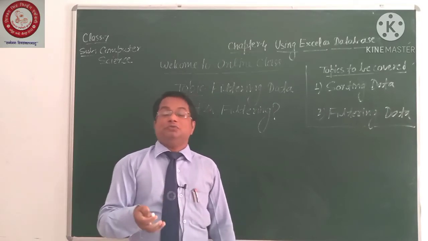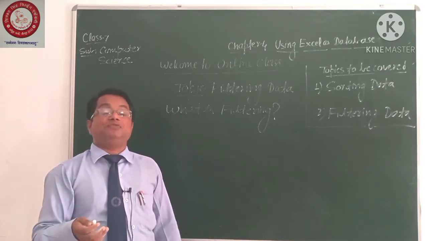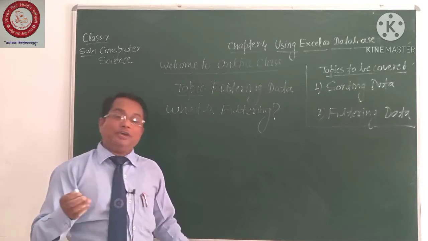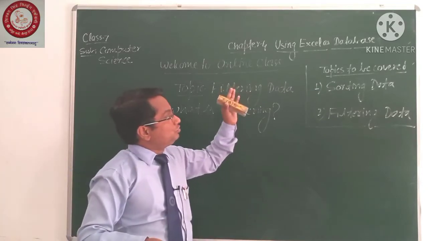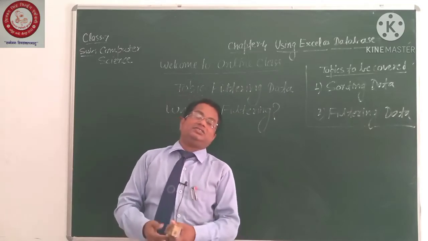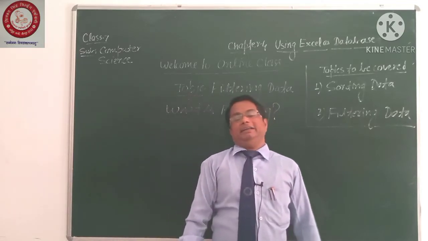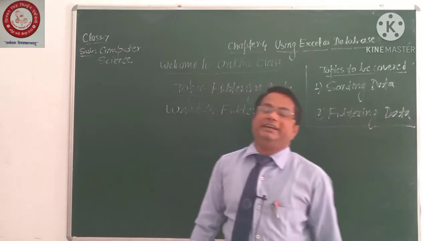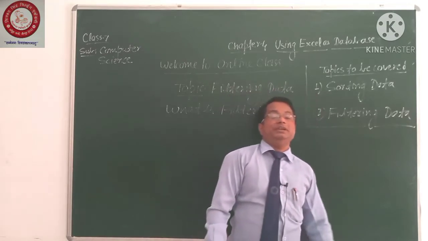Filtering means you just want to show only the required data to the users, and the rest is hidden temporarily. You can also filter your data on the basis of criteria. How are we going to do the sorting and filtering? Let's come to our laptop, and there we'll try to understand how the filtering is done.